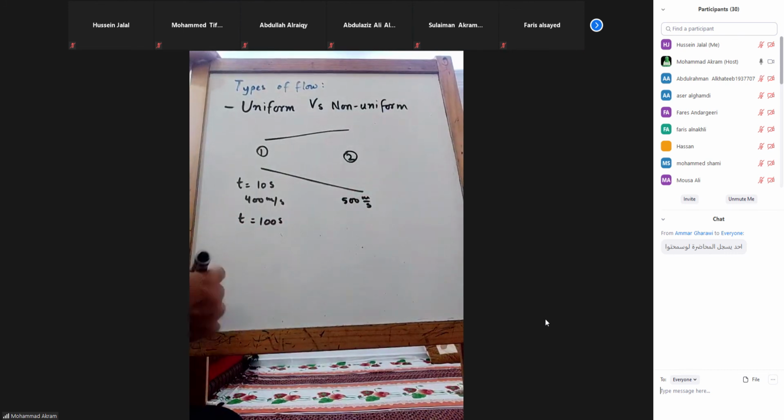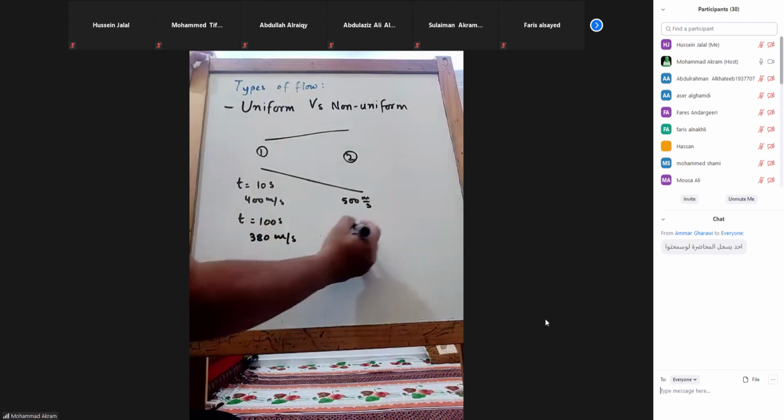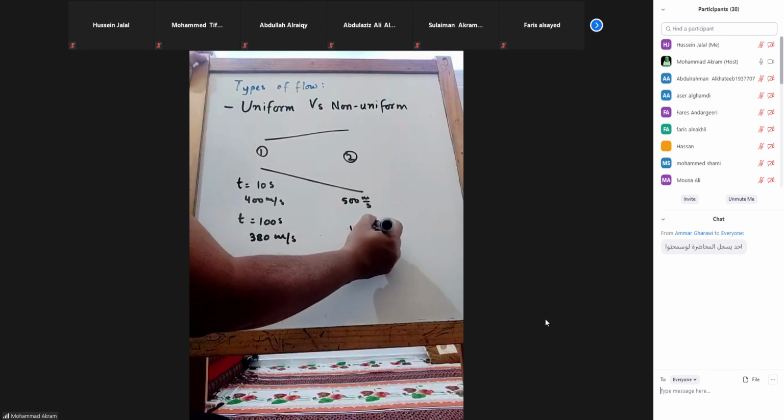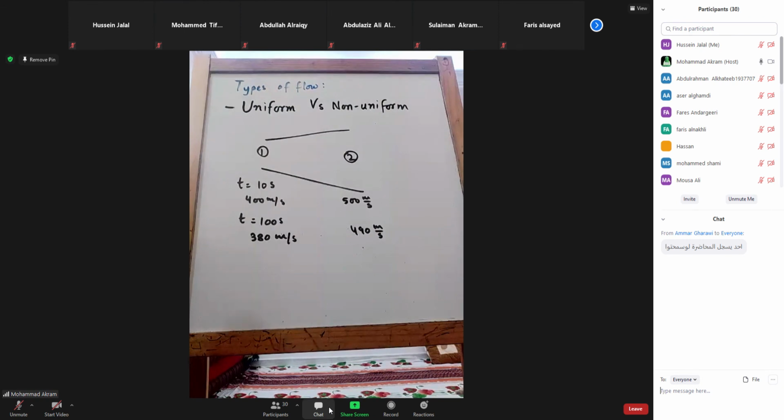Say air is flowing in this. Can you tell me what is the type of flow here? Is it steady or unsteady?